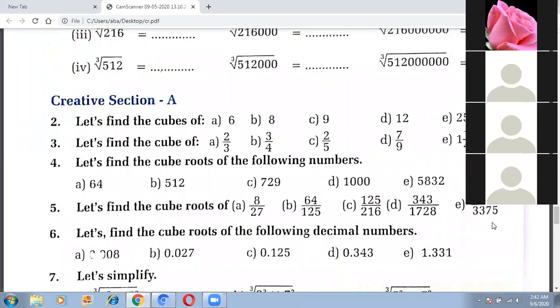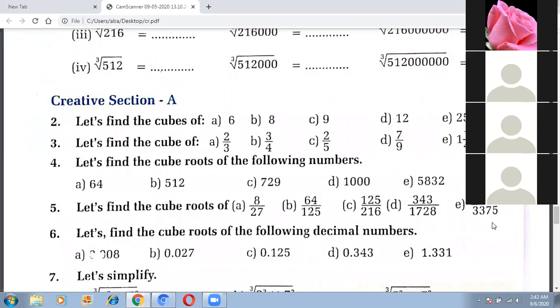Yes? 2 by 3 whole cube means what? 2 by 3 into 2 by 3 into 2 by 3. Now you can multiply the numerator. 2 into 2 into 2, 8. You can multiply the denominator. 3 into 3 into 3, 27. Now what is the cube of 2 by 3? 8 by 27.